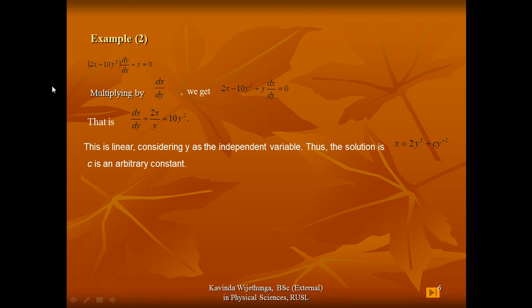We also considered Bernoulli equations and the substitution for them, after which they reduce to linear differential equations, and again you can introduce the integrating factor and solve. We also considered another type of equation which can be reduced to linear differential equations, but in this example there is a difference because x and y are swapped: the independent and dependent variables are different from the other examples. So now I think you have a clear understanding of the integrating factor, linear differential equations, and the Bernoulli differential equation, and other forms that can be reduced to linear differential equations.